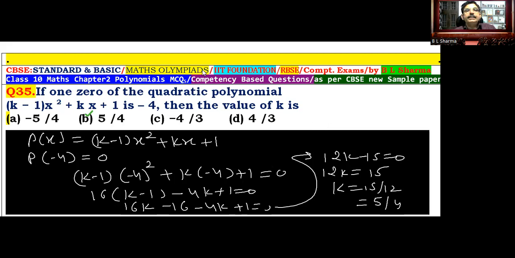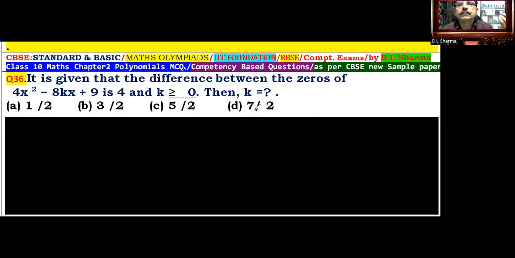We are discussing chapter 2, class 10th mathematics, and we are discussing competency-based questions. It is given that the difference between the zeros of the polynomial is 4, and the value of k is either 0 or greater than 0. Then find the value of k.